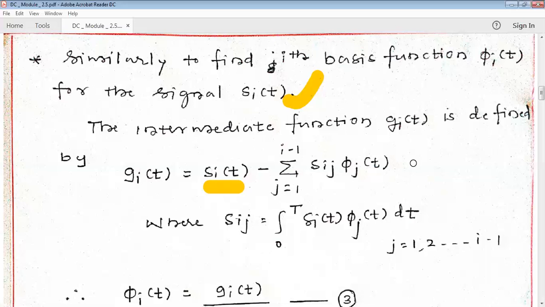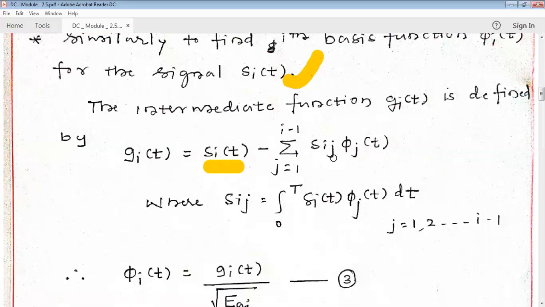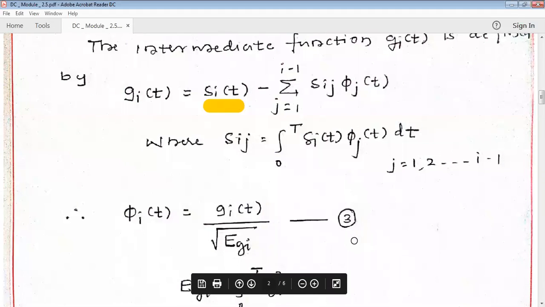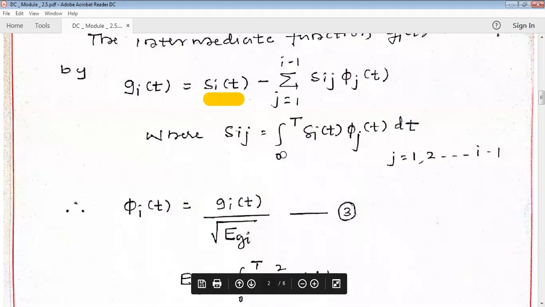So don't take S_33, because j varies only from 1 to 2 and i is 3. And here S_ij is the coefficient, which is calculated by integrating the ith signal multiplied by the jth basis function over time dt, over the interval 0 to T.